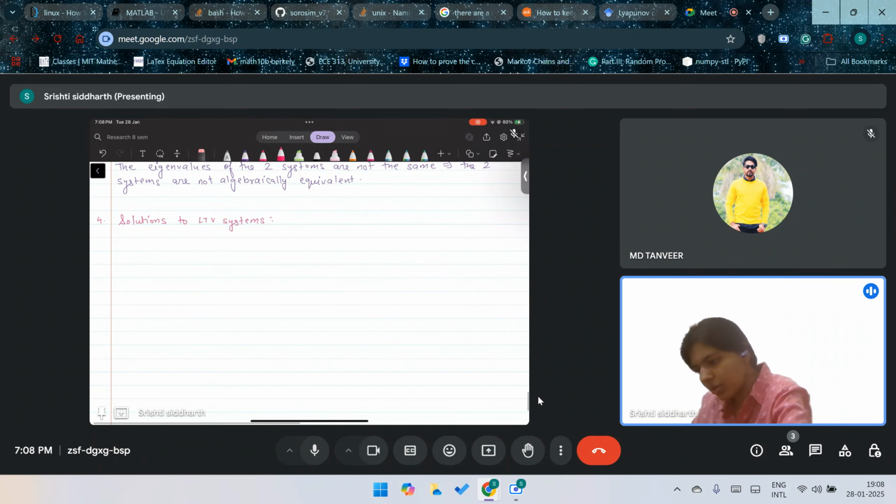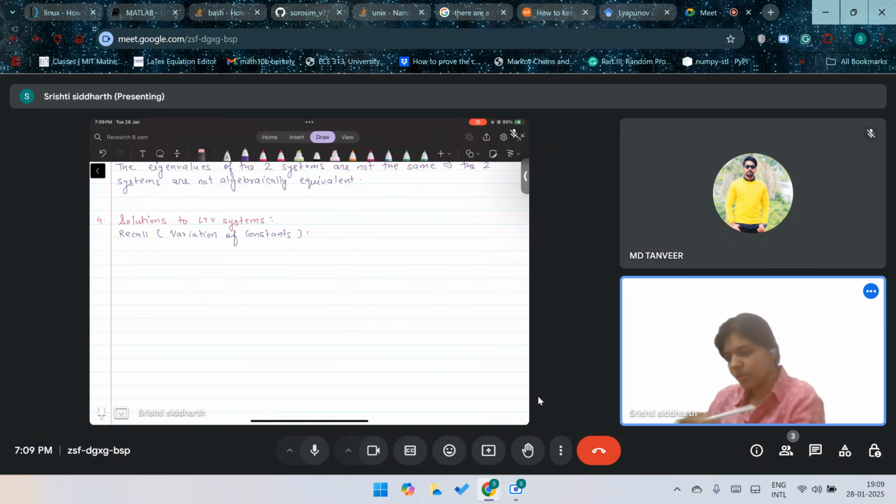So this is the variation of constants formula. Recall, you have the time varying system and the output, y equals C(t) x(t) plus D(t) times u(t).